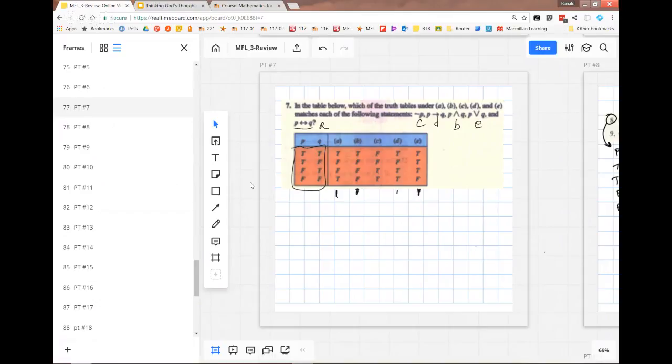Sure. Or maybe you should go a little bit past that and say 7C, negation P, because all the entries are the opposite of P. Okay. Instead of TTFF, FFT, just say all the entries are opposites.